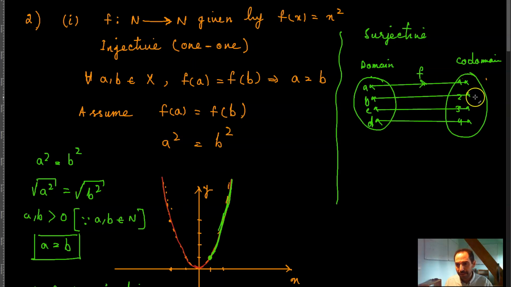Now, since every element of the codomain is an image of some element in the domain of the function, then you can say that the function f is also surjective.